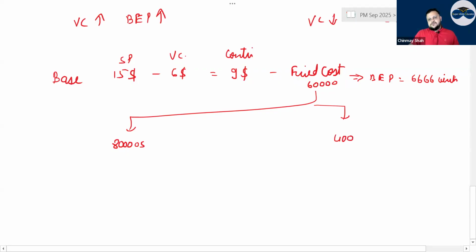or goes to $40,000. Quickly do it. Contribution, everything else is the same.